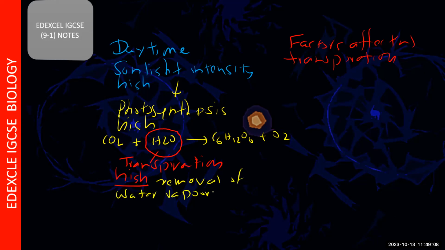Now we understand water vapor is a gas. When it forms vapor, it's a gas. Now, obviously, one thing is sunlight. Because sunlight, well explained here, daytime sunlight intensity high, photosynthesis high, then the transpiration is high because it needs water.